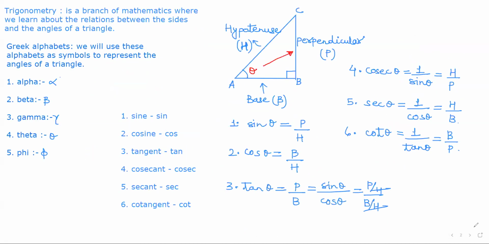I'll go back to the first slide. Please pay attention. If I choose this angle, the side opposite to this will be treated as perpendicular for this angle. If I choose this angle, the opposite side will be the perpendicular, and the base will be the other side next to the angle. The hypotenuse is the hypotenuse, everyone knows that. Any doubts in perpendicular, base, hypotenuse?